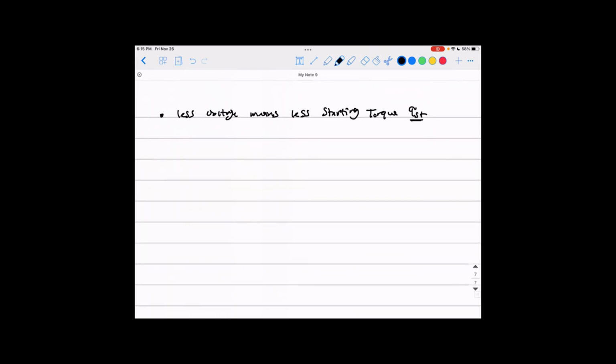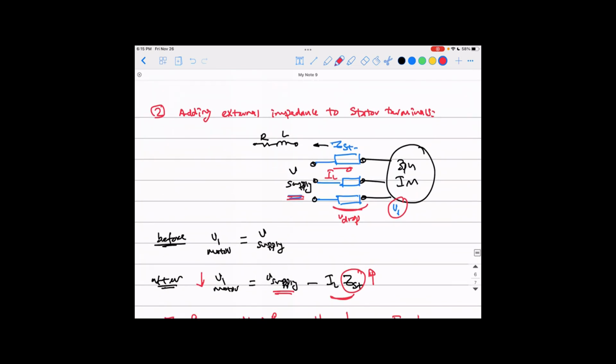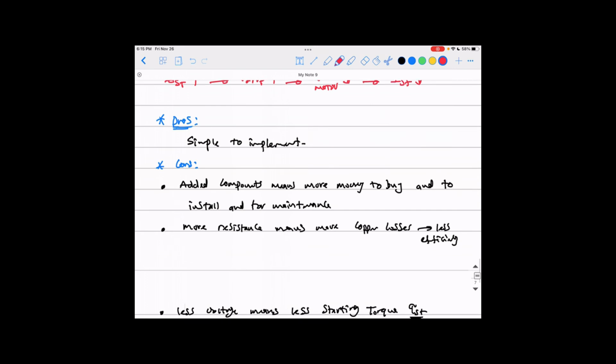Okay, guys? Okay. That was the second method. Like we said, we now understand what's happening. Impedance added would have some voltage drop, which in turn will reduce the voltage landing on the terminals of the motor, and reducing the voltage reduces the starting torque. That easy.